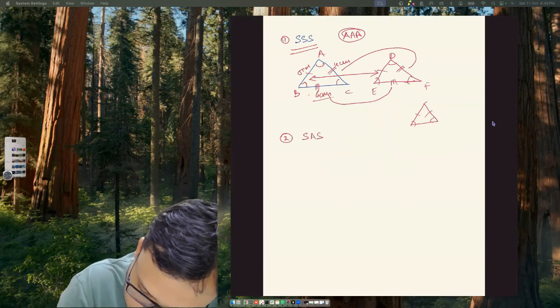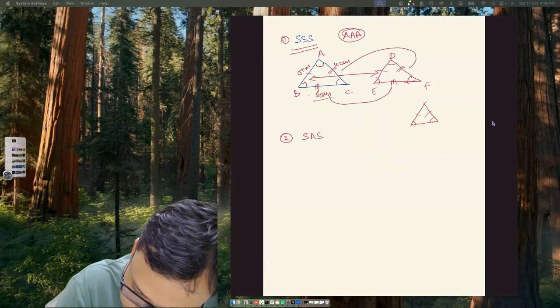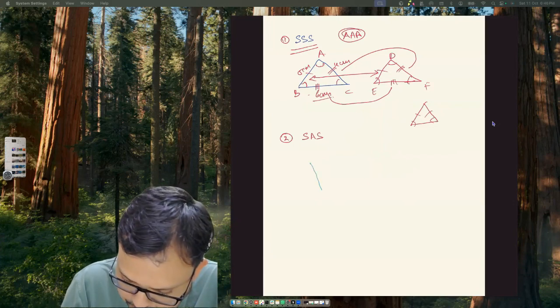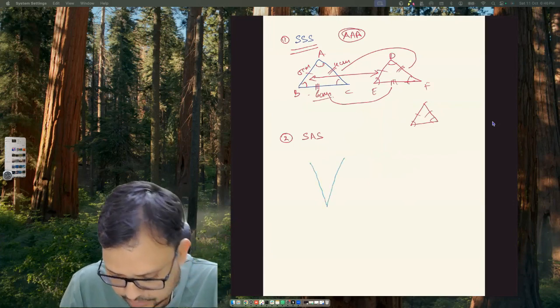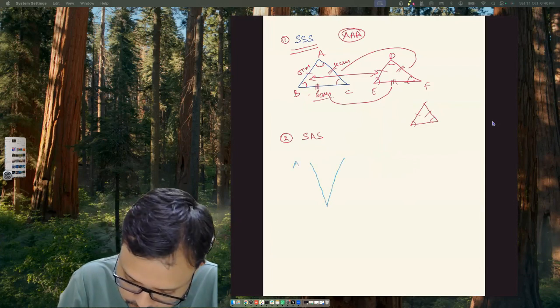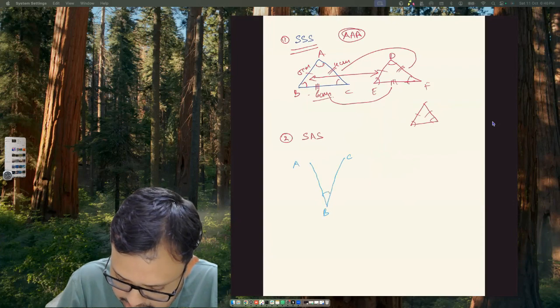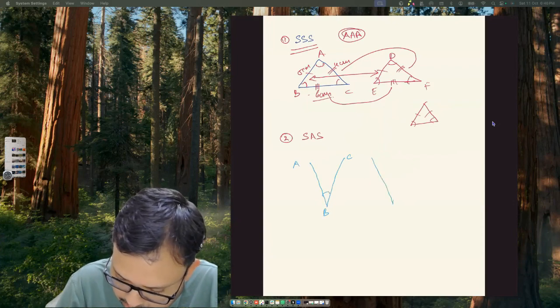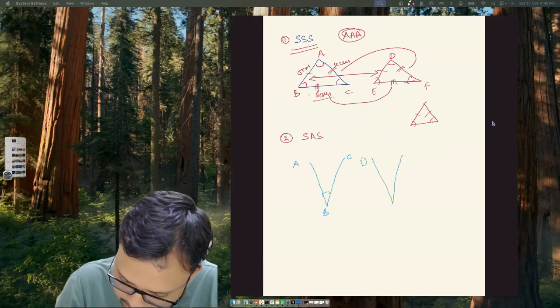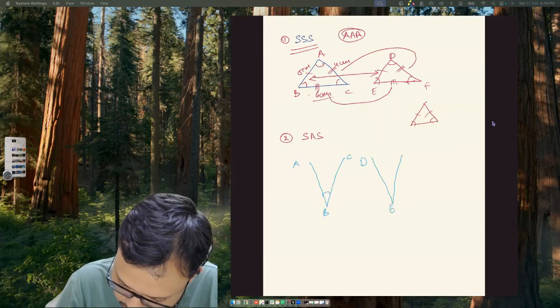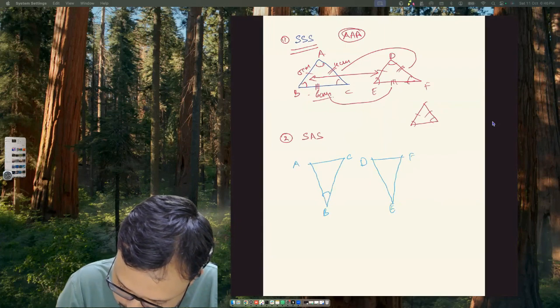Let me switch the color so that you will understand it better. Now, remember the letter V. So A, B, C again, and D, E, F. Here we have two triangles, ABC and DEF.